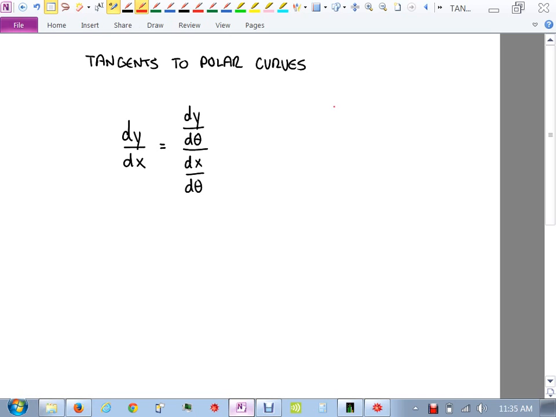So let me do this on the side. Remember, what was x and what was y in Cartesian to polar? X was r cosine theta, and y was r sine theta, right? So if I ask you, hey, what is dy d theta? That means I want you to take the derivative of y over here with respect to theta.